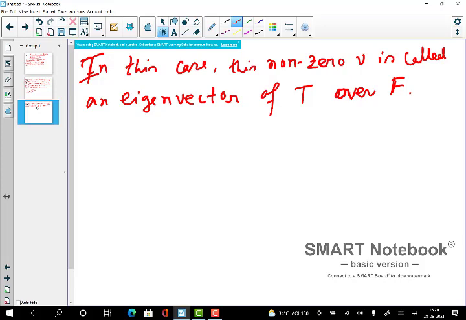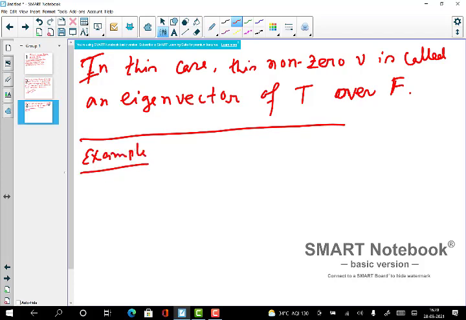Maybe we can start with some basic examples. What about the linear operator we already learned, the identity operator? You have identity from V to V; the identity sends every element v to v.